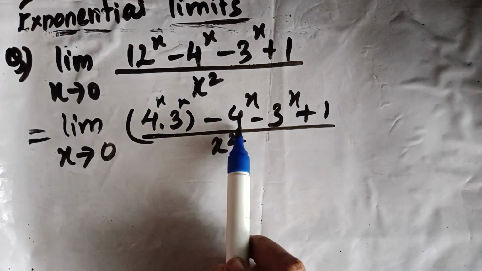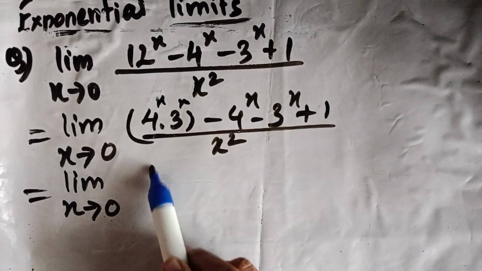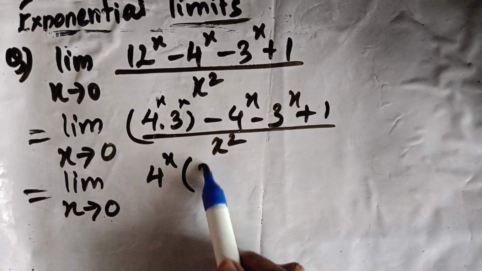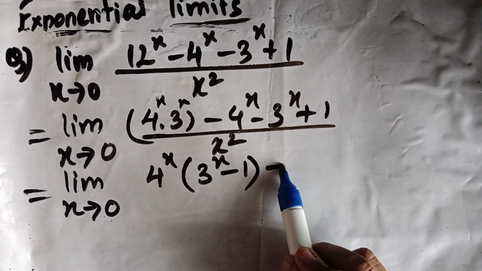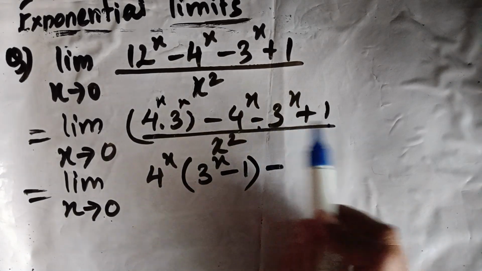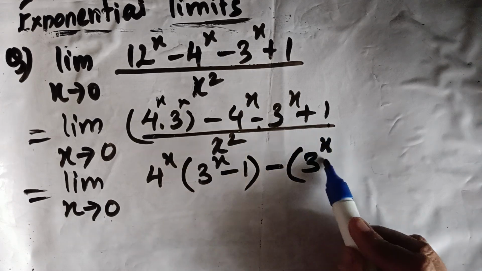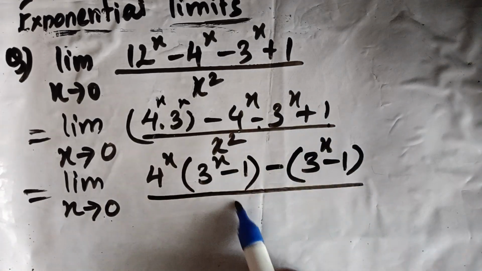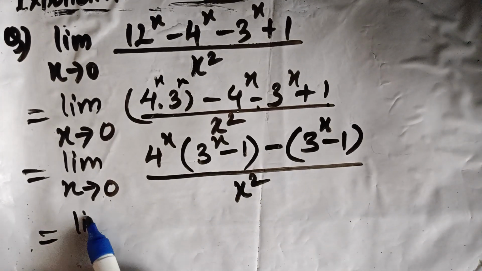So we can take 4 raised to x common here. You'll get inside (3 raised to x minus 1), minus, I am taking common from this term, so 3 raised to x becomes positive and this becomes negative. Now again taking 3 raised to x minus 1 common.